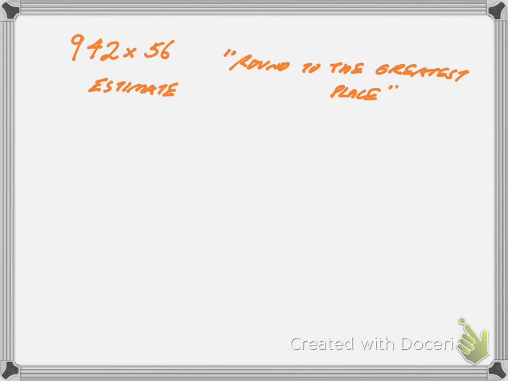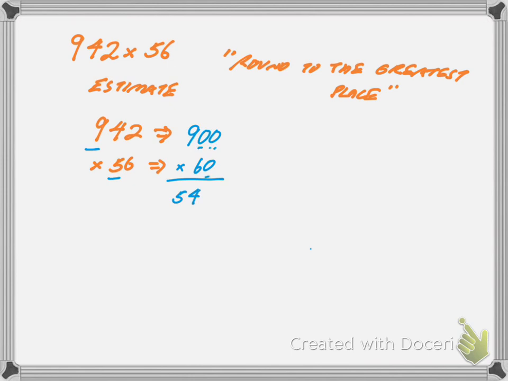I'm going to take the 942 and round it to the nearest 100, so 942 is close to 900. Then I'm going to take 56 and round it to the nearest 10. Well, 56 is close to 60. Now when I multiply this, I can multiply the 9 and the 6 and get 54, and I have 3 zeros sitting here. So that's 54,000, and this is my estimated answer.